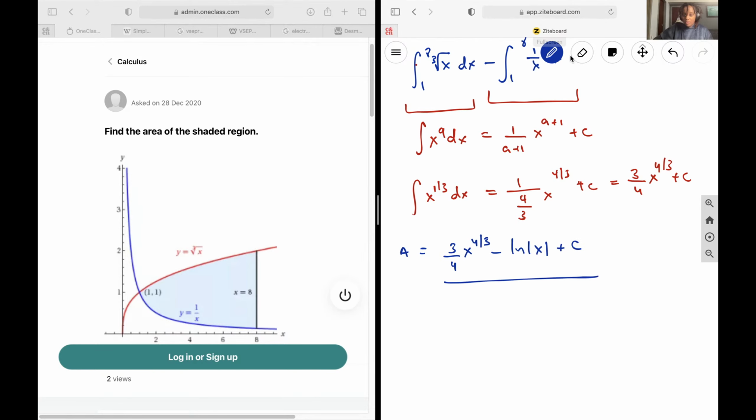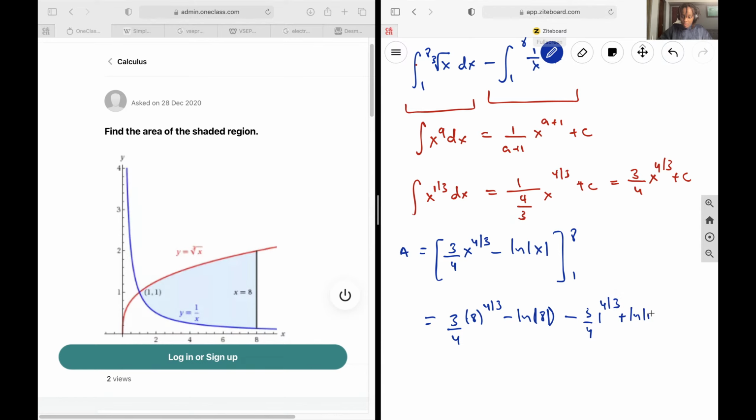And that is going to be plus c if it was unbounded, but it is bounded. Instead, I'm going to take this from 1 to 8, and it is going to be 3 over 4 times 8 to the power of 4 over 3 minus ln magnitude of 8, so just ln 8. And that is going to be minus 3 over 4 times 1 to the power of 4 over 3, plus ln of 1.